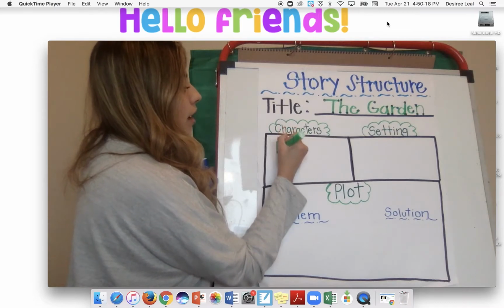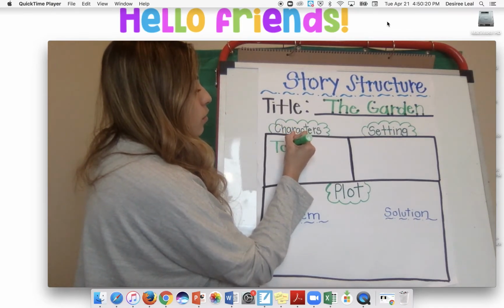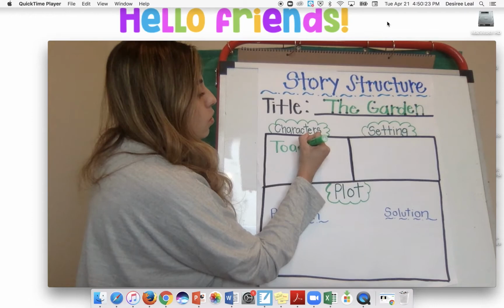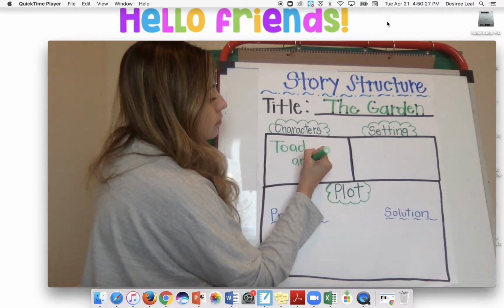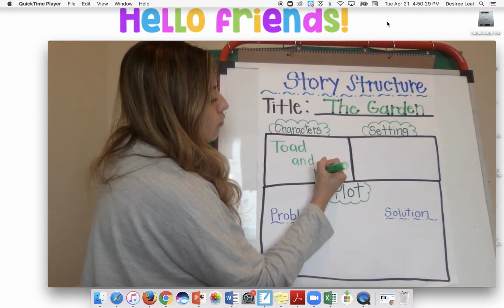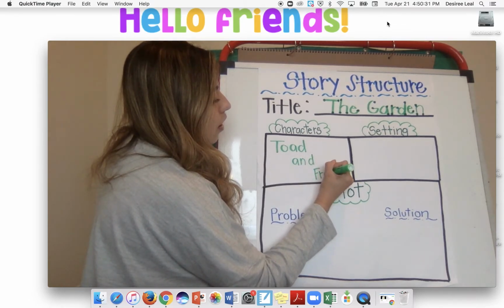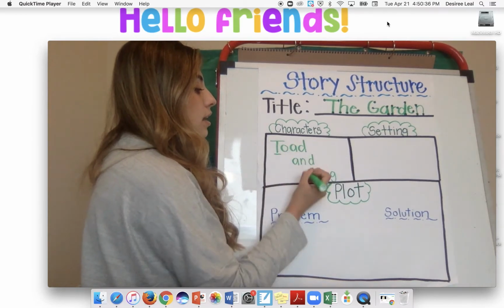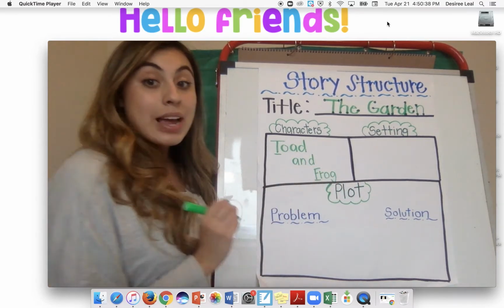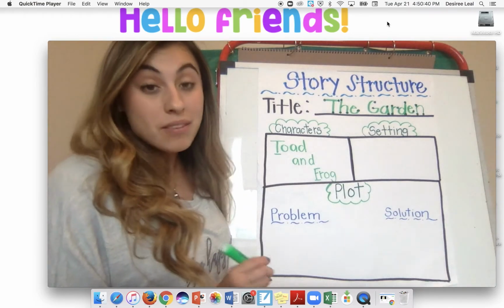So here I'm going to write our 2 characters were Toad, and Frog. Yes. And I have to capitalize their first letters because they are proper nouns. They're names of the characters.